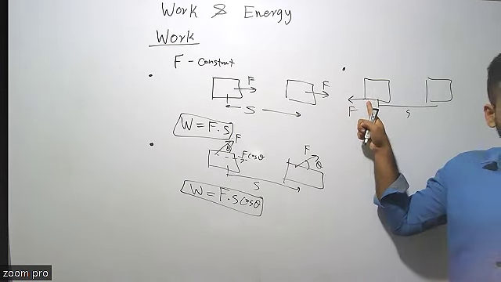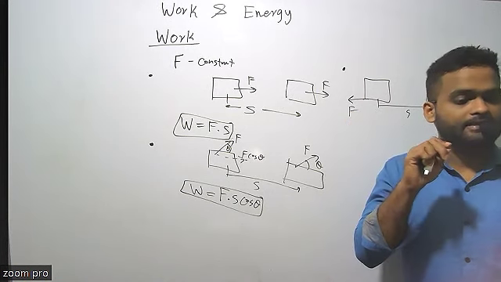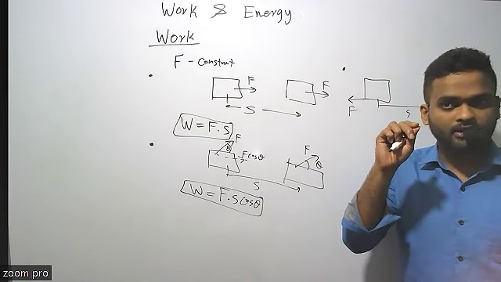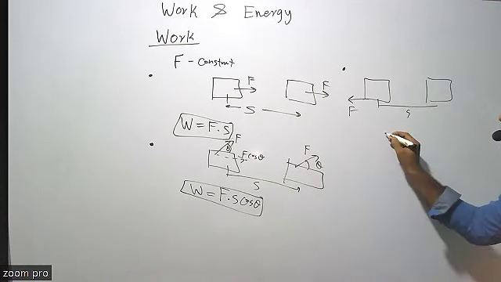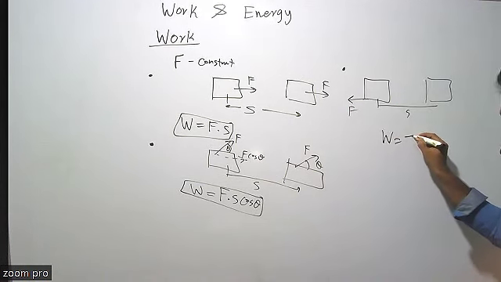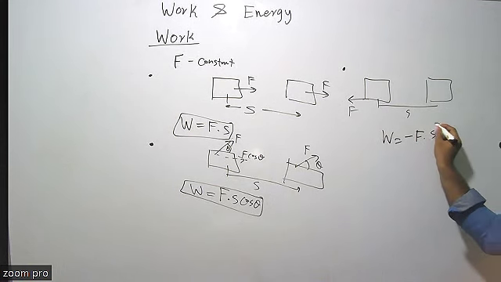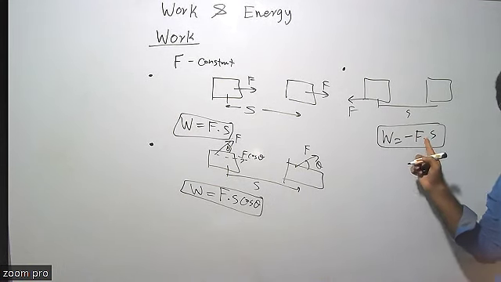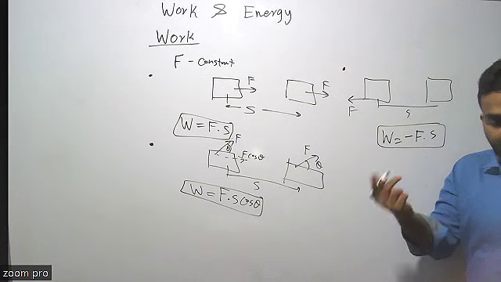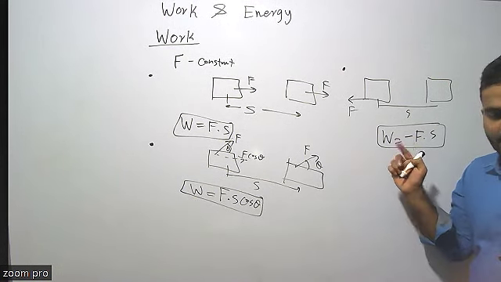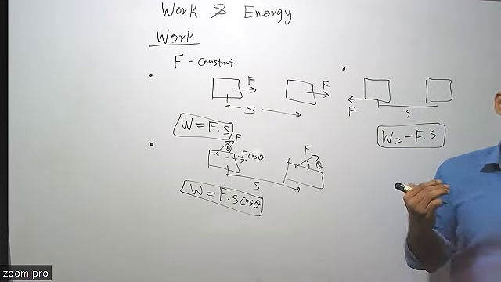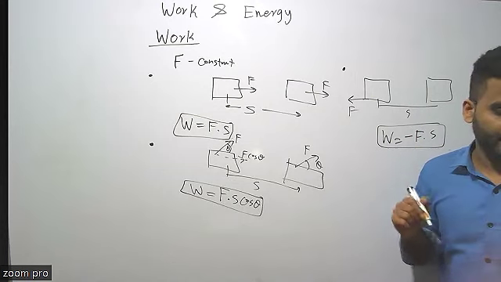The work done by a force like this is negative work, because it decreases the energy in the system. So we say this is minus Fs. That's why we use a negative there.